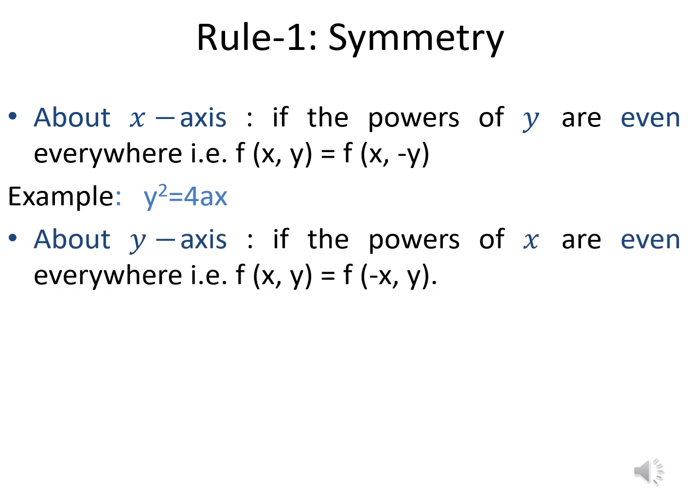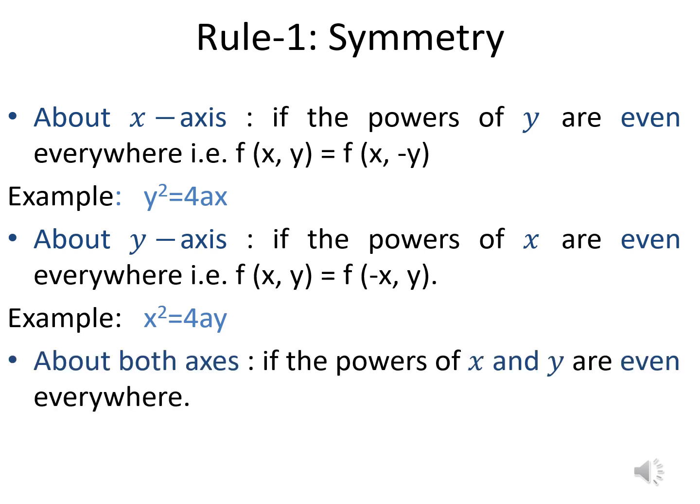Second, symmetry about the y-axis. Similarly, if all the powers of x are even, that means if we replace x with -x and the equation is unchanged, then the curve is symmetric about the y-axis. For example, the parabolic equation x² = 4ay. Here the power of x is 2, which is even, so the curve is symmetric about the y-axis.